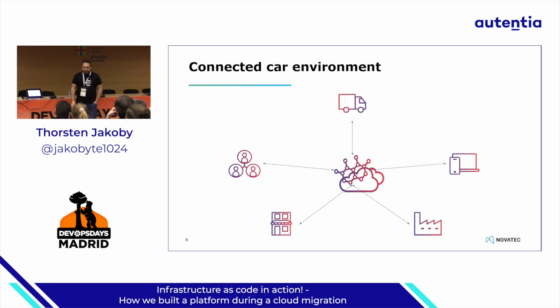And for some reason, which I will come back to later, the company decided we need to go into the cloud. It was well known that not every system will go into the cloud. Some will say that sounds like a hybrid cloud. You can call it what you want, but at least some systems are in the cloud, some not.